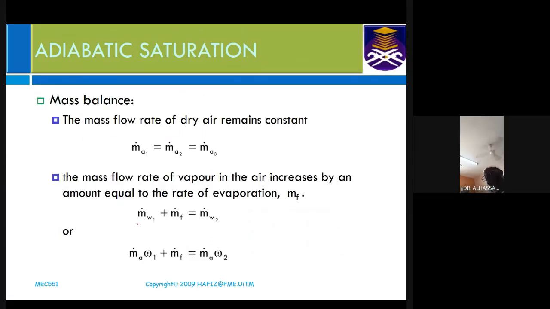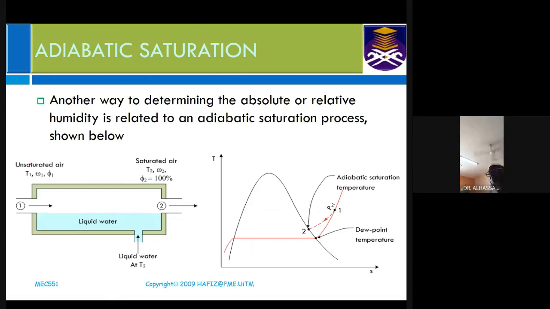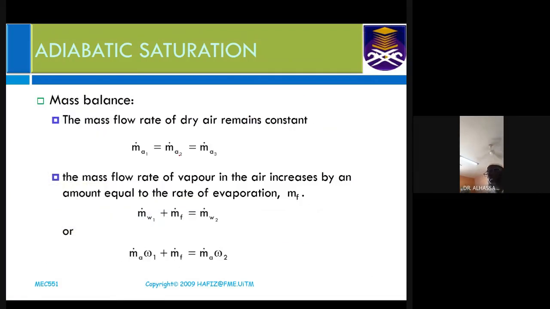Because here, if you want to establish the mass balance for the water which is flowing inside this tube, we can express it. The mass flow rate of the dry air component is the same. But for the water, we have MW1 equals MF plus MW2. But what is this MW1? It is defined in terms of omega, where omega equals MV1 divided by MA1.